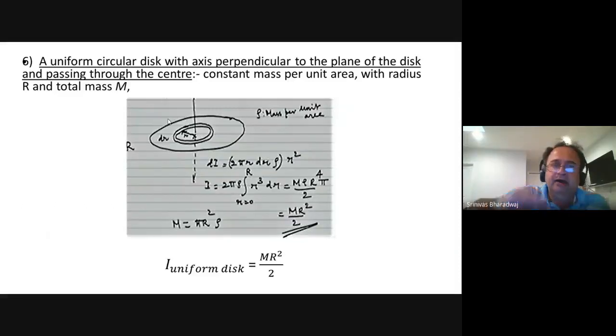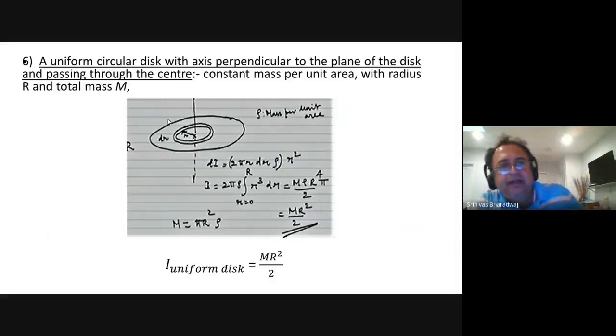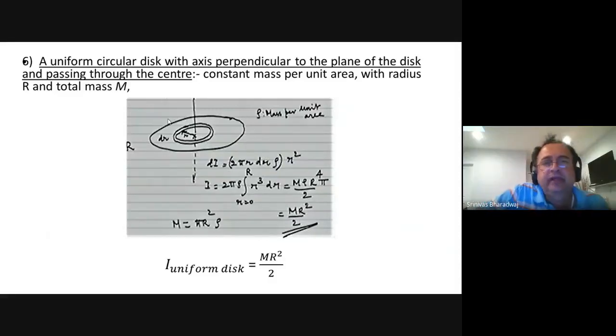You take a thin disk, whose moment of inertia we already did, and you can then integrate those moments of inertia. Otherwise, it is r square times dm, going from 0 to r, and you can still end up with the correct answer. But most often people take a thin disk, 2 pi r dr rho, where rho is the mass per unit area.